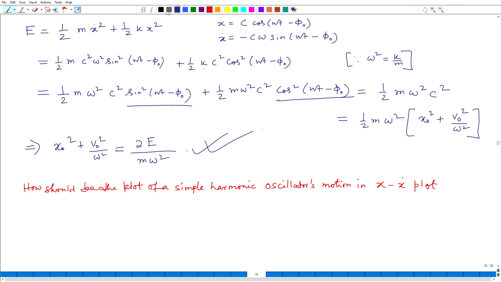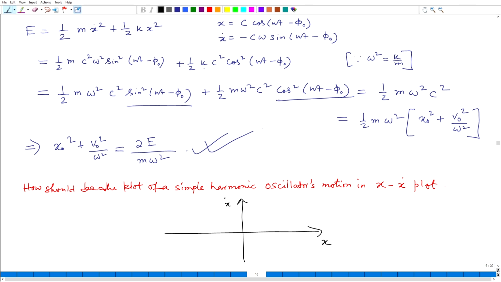That means, I give you a plot where along the x axis the displacement is plotted and along the y axis the x dot or the velocity is plotted, in 1D of course.